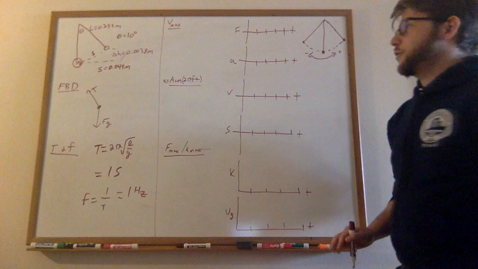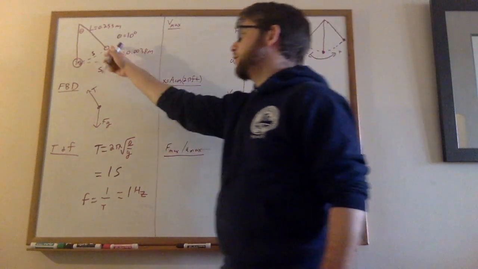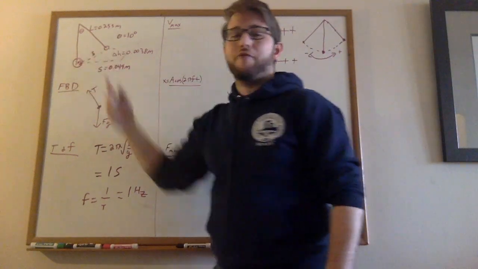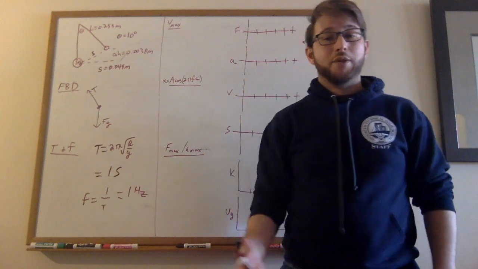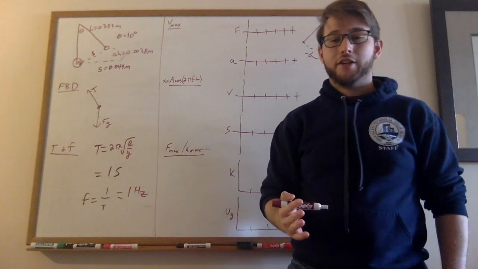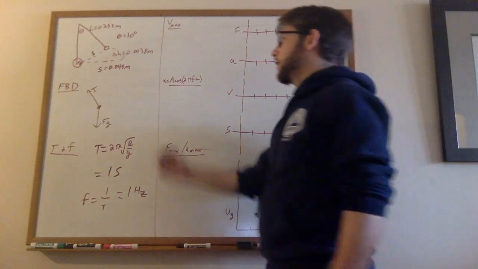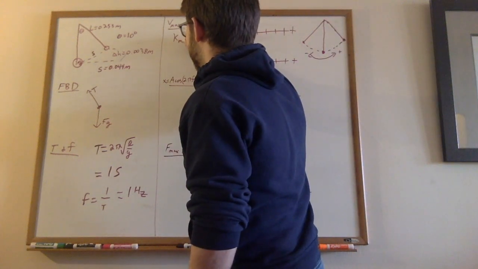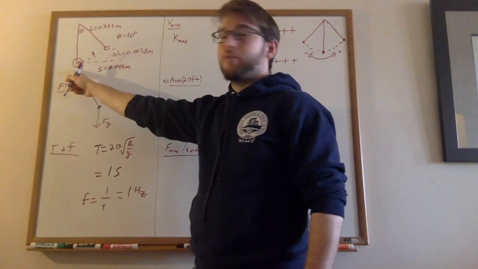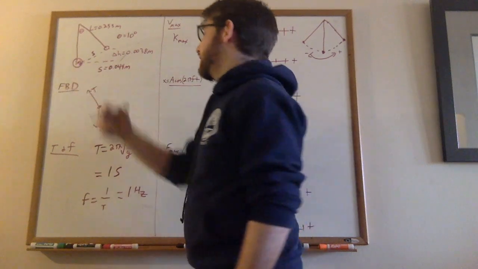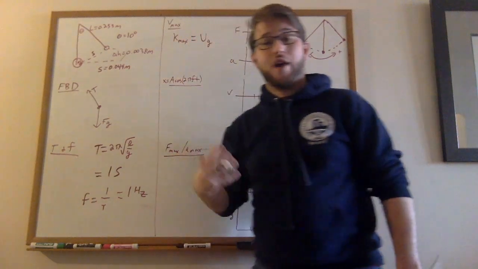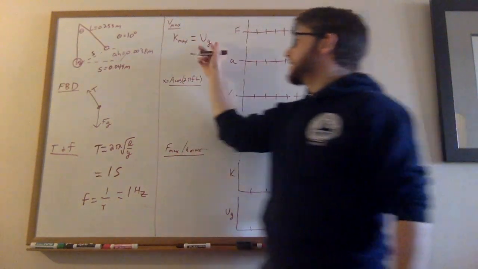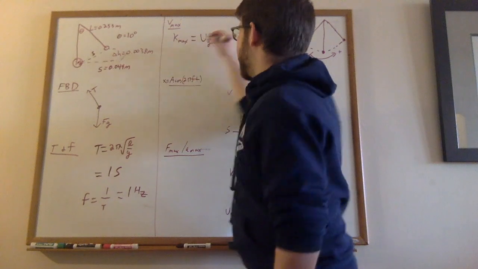Okay, so the next part of the question wants to know when the pendulum reaches its equilibrium position, how fast is it going? We're going to use conservation of energy here, similar to what we've been doing with our spring mass oscillators. We know that our maximum kinetic energy is going to happen at the equilibrium position, and that must be equal to the maximum gravitational potential energy, and that's going to happen up at the highest point.